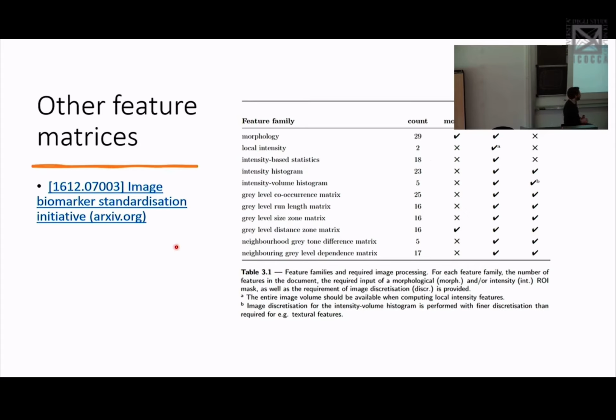Now, when this field was starting to become popular, they started a very big collaboration on standardizing all of these indicators, and they invented not only the co-occurrence matrix, on which they computed 25 indicators.